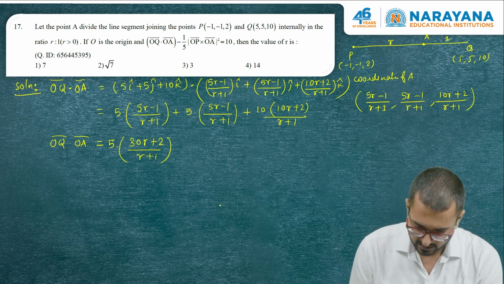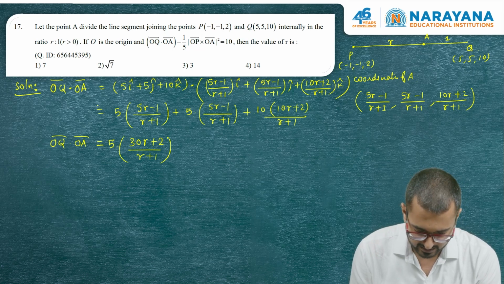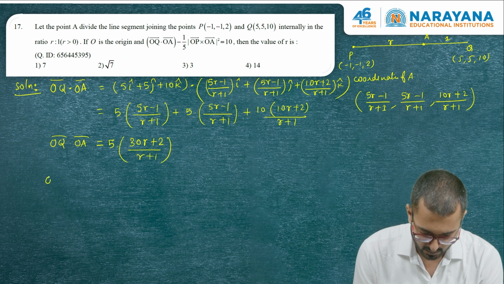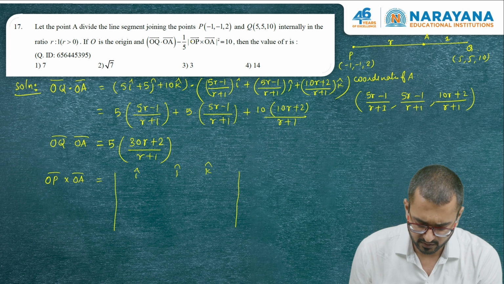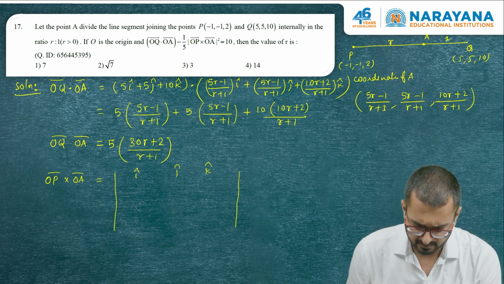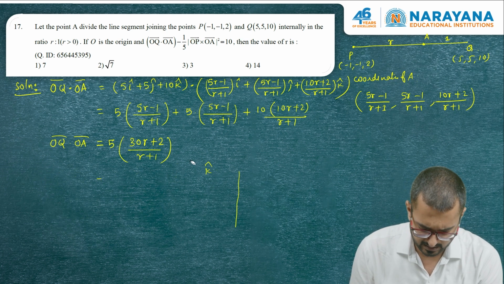And now we have to find OA, we already have it, this is my vector OA, and we now need OP. OP is this, so we want OP cross with OA, which will give me i j k, and we want its modulus, so we can use the Lagrange identity.